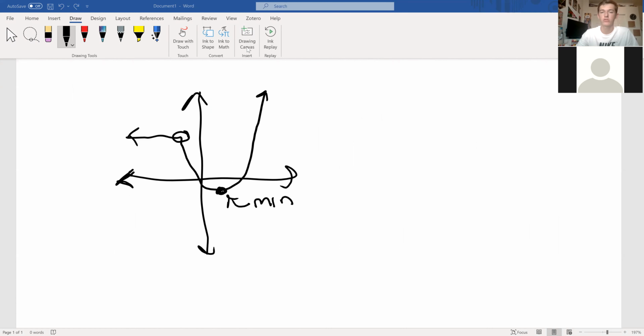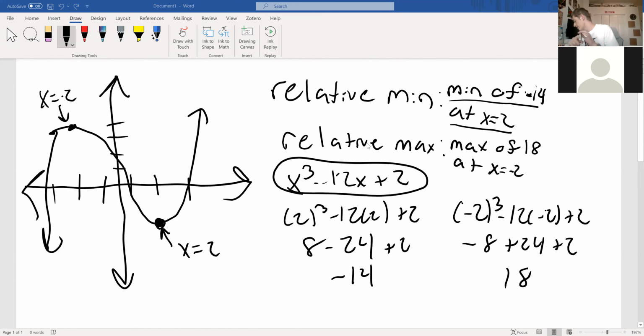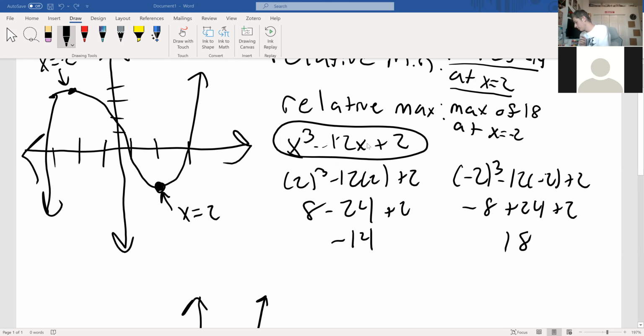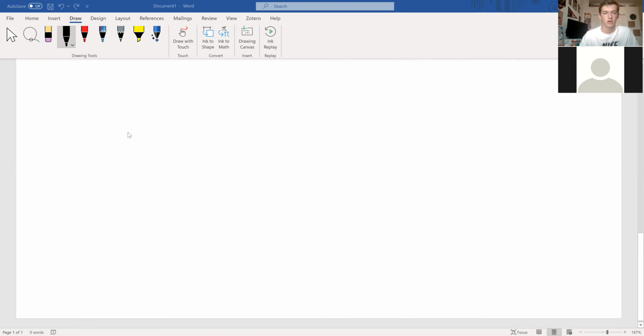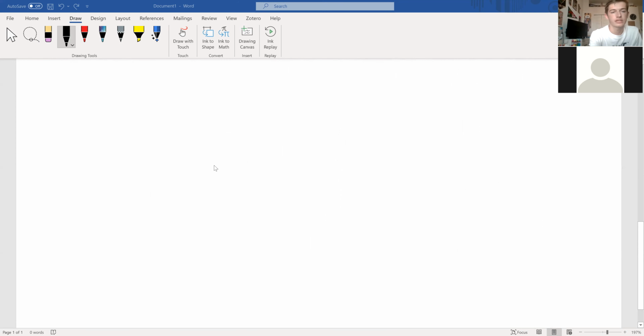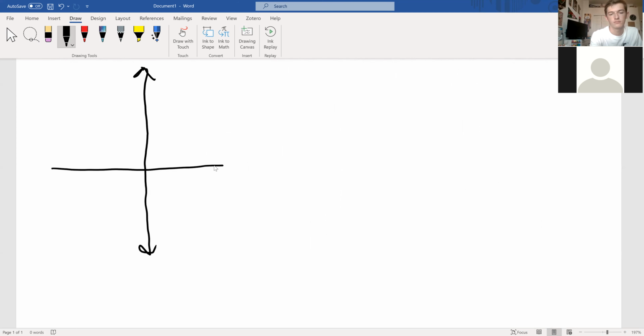Okay, more of the graphing ones. All right, let me see if there's another graph one. All right, let's do number 15. So number 15 looks like this. Let's make sure I get the right intercepts.